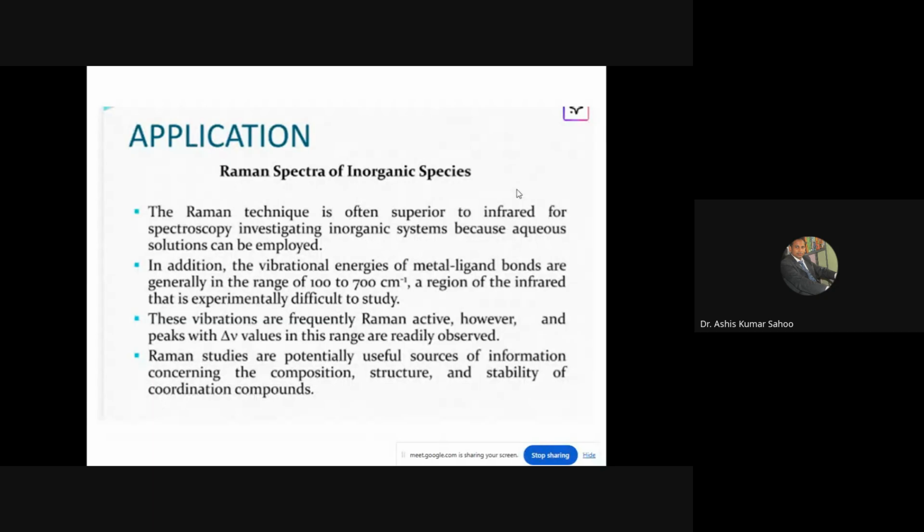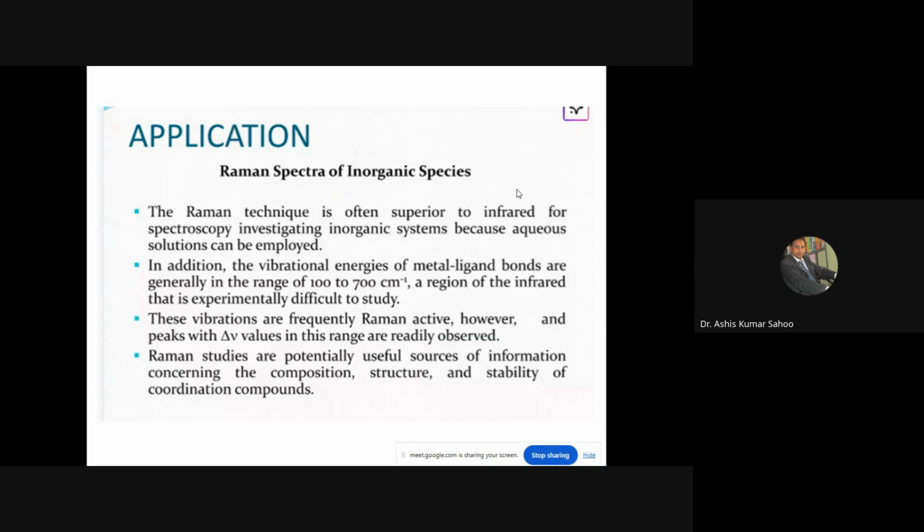In addition, the vibrational energy of metal-ligand bonds is generally in the range of 100 to 700 centimeters inverse, a region of the infrared that is experimentally difficult.